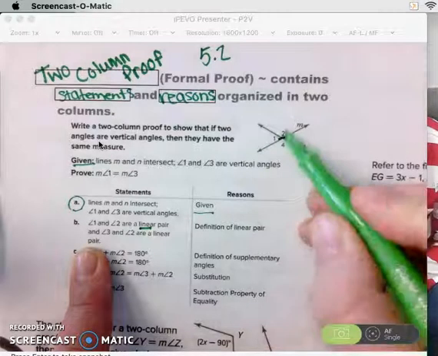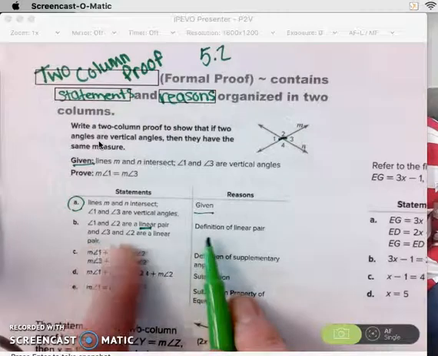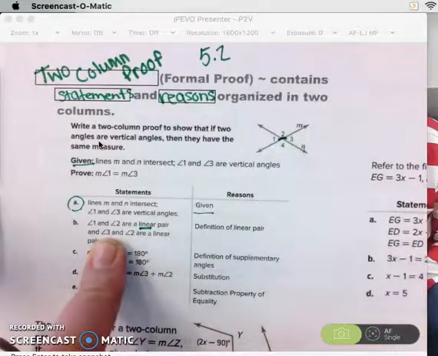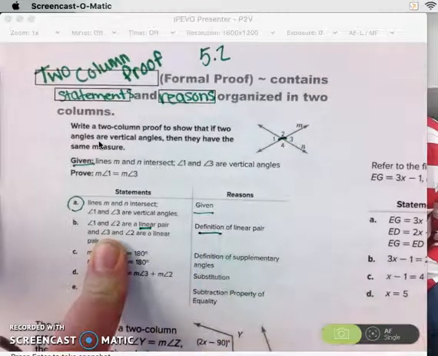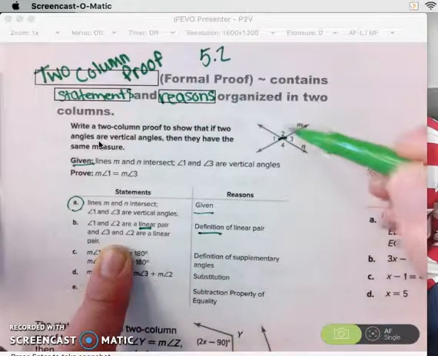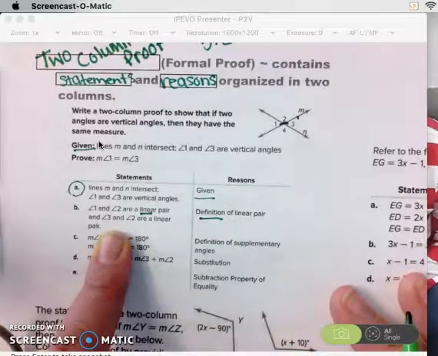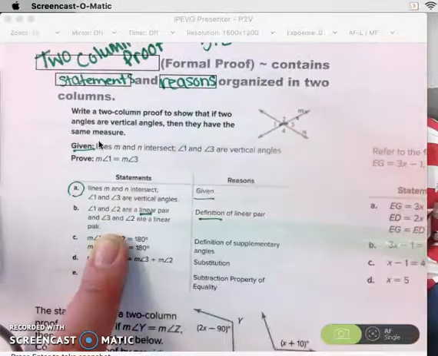So the reason why 1 and 2 are a linear pair is because they create a line, and that's the definition of a linear pair. 3 and 2 are a linear pair too, by the definition of a linear pair. It's background knowledge on how I get to that point to prove it. I need to write down all the facts that I can.